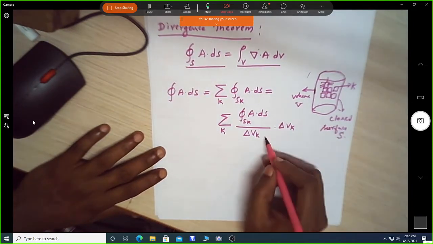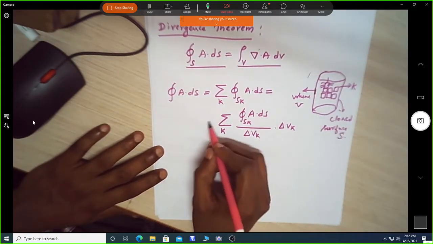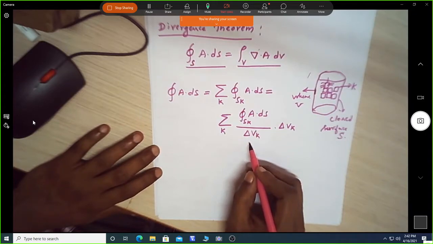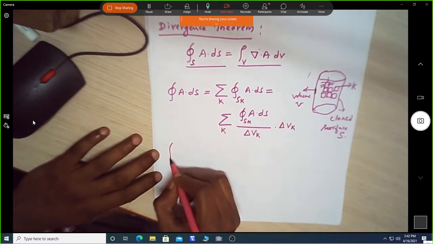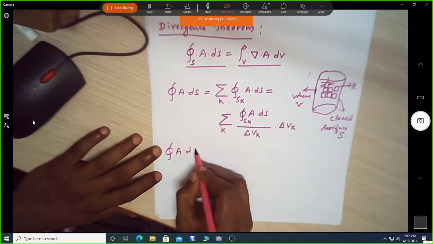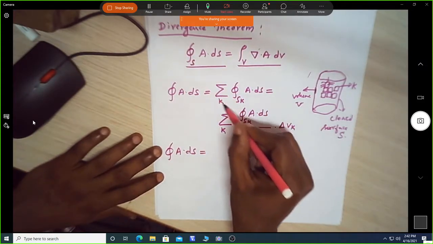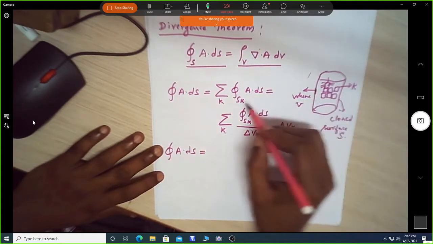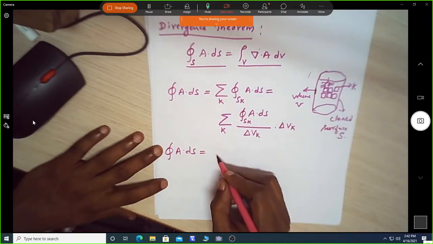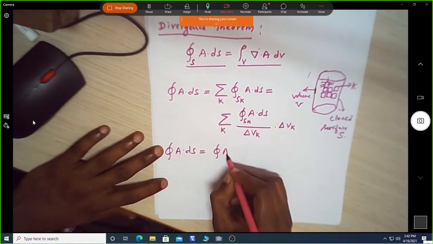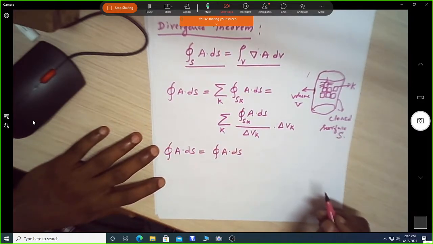Now if I take the limit where the volume tends to 0, the small surfaces add together, so we get the closed surface integral of A dot ds.